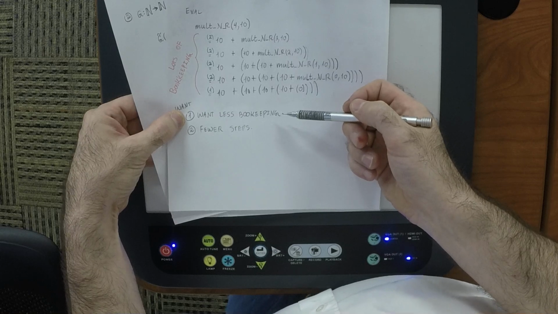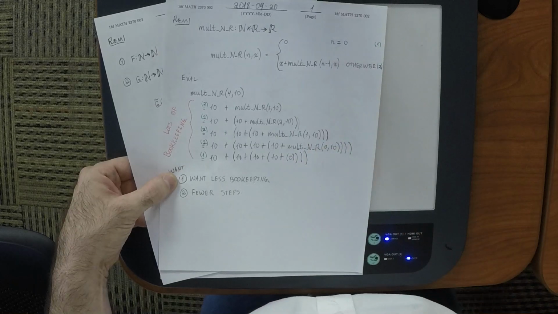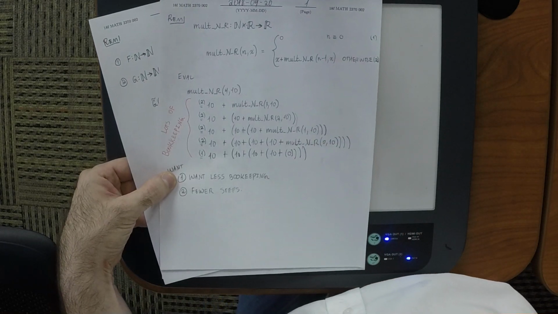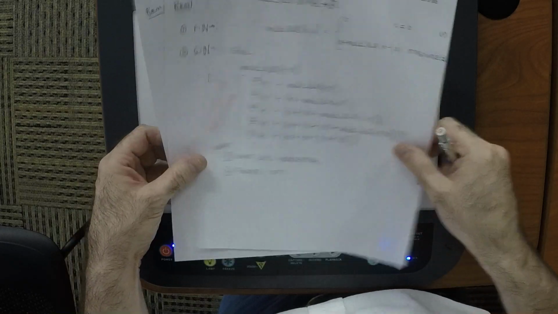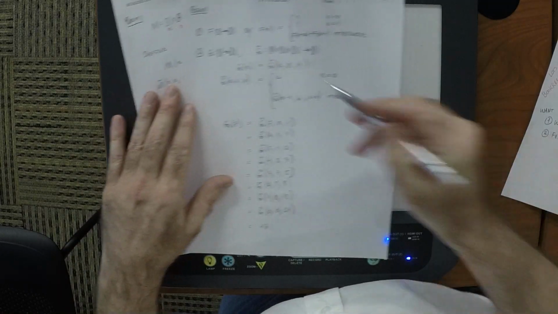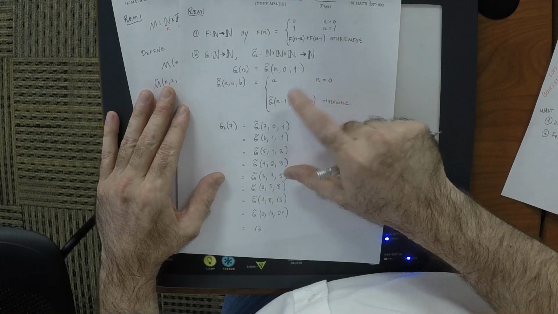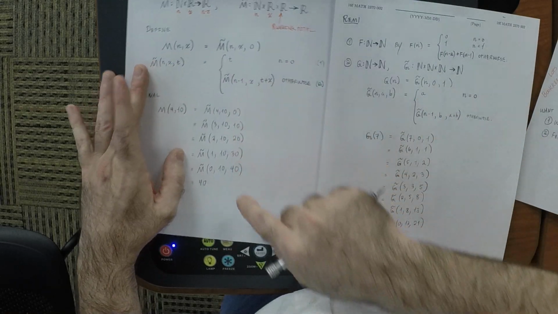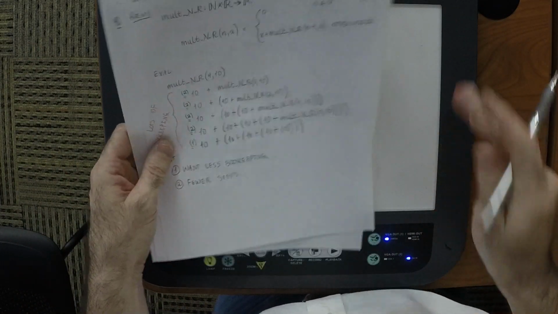So one of the ways to achieve less bookkeeping is to write an auxiliary function that has more arguments so it can remember more things. Okay. This technique of adding new arguments, for example, to the Fibonacci function or to the multiplication function, it's not necessary for our class, but just for your interest, it's called memoization.